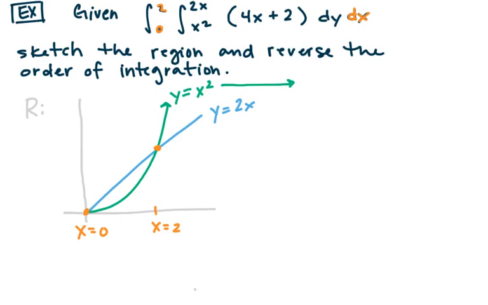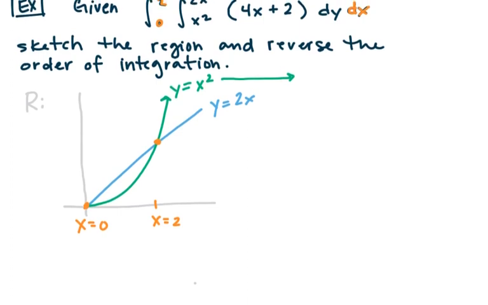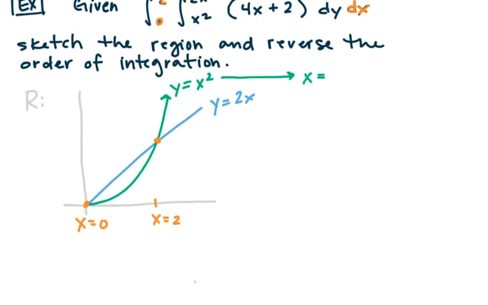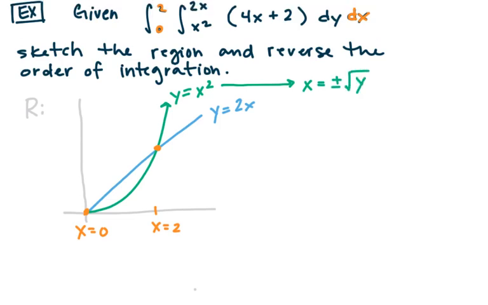So y being equal to x squared, that's the same as x being equal to plus or minus the square root of y. In this situation, because it's only the right half of the parabola that we are considering, we don't need that plus or minus. We'll just say x equals square root of y.